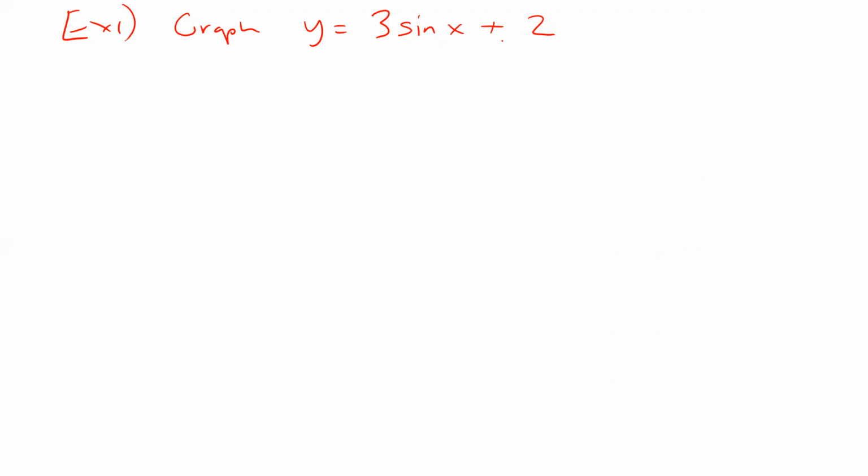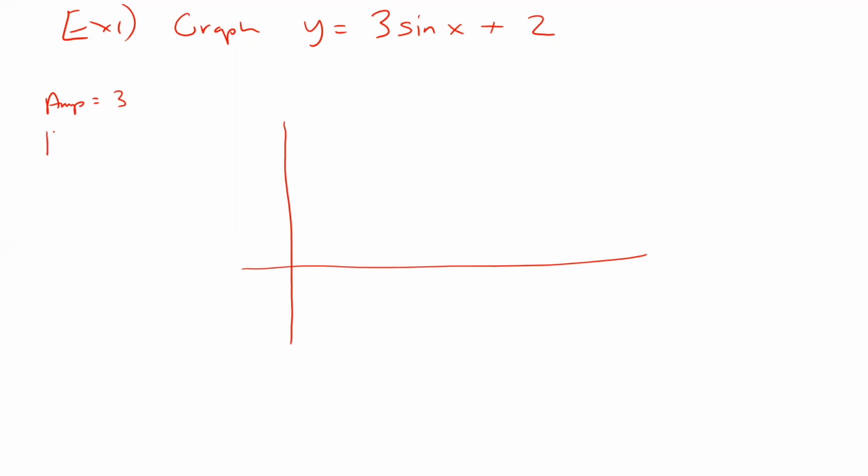Besides the vertical shift and the phase shift, we want to be able to graph 3 sine x all at once. We're good? And so we make our little graph. I'm going to write it down here because I know I'm going to move up 2. Off to the side, we look for our amplitude, which is 3.